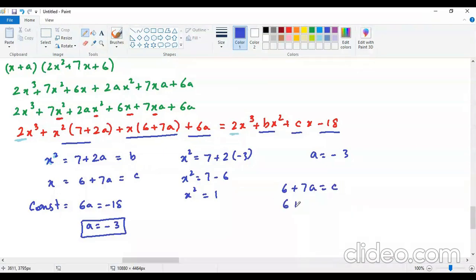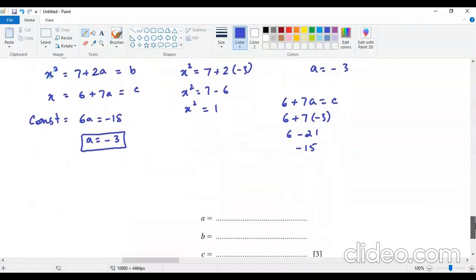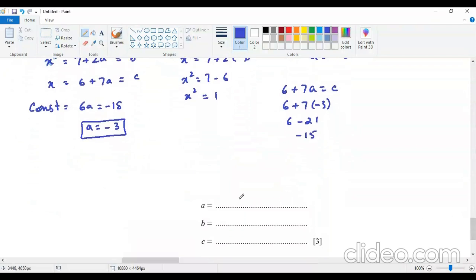Again, we'll substitute the value of a into this. So 6 minus 21 equals negative 15. And here we'll write a equals negative 3, b equals 1, and c equals negative 15.